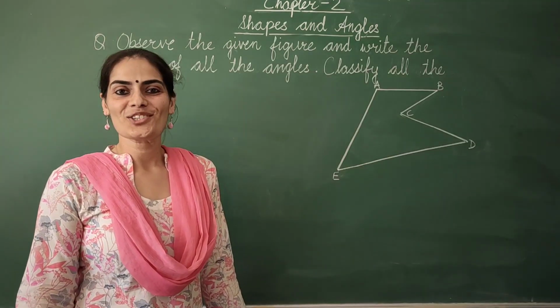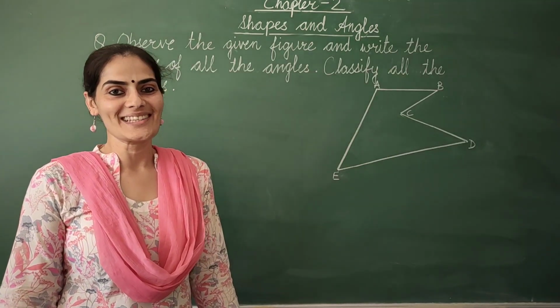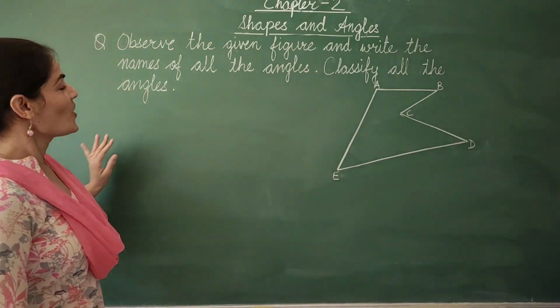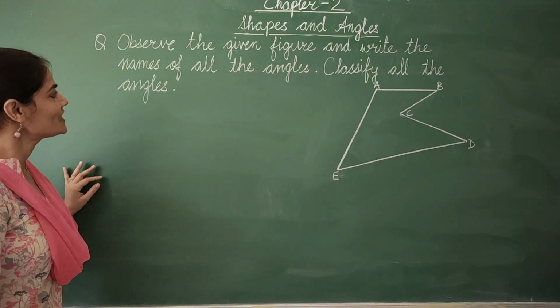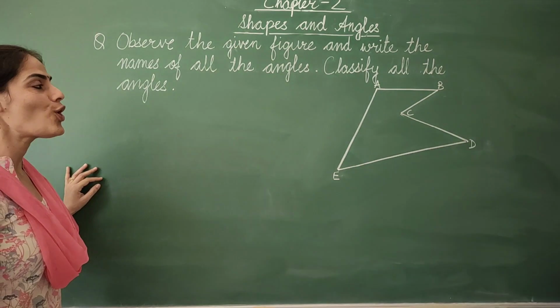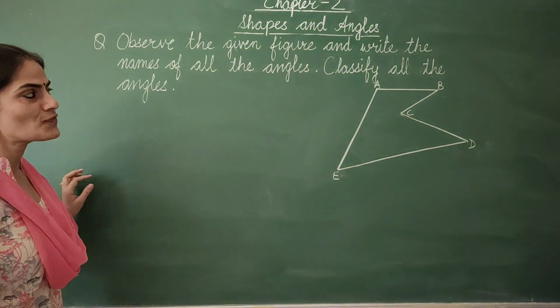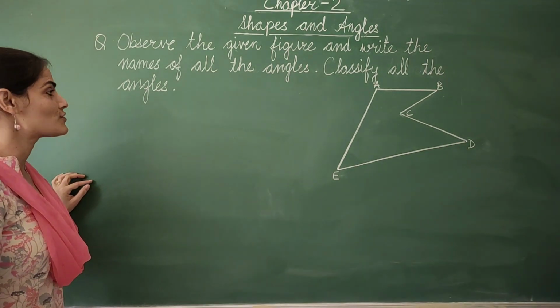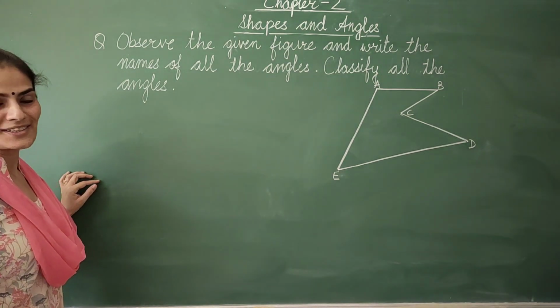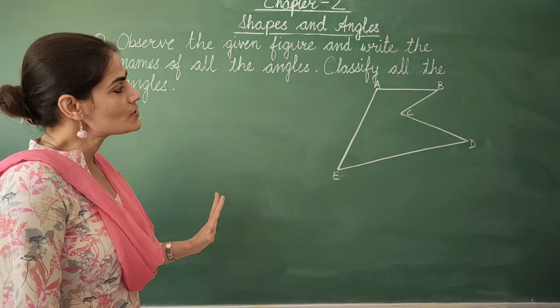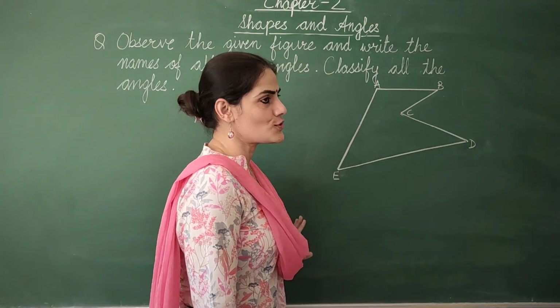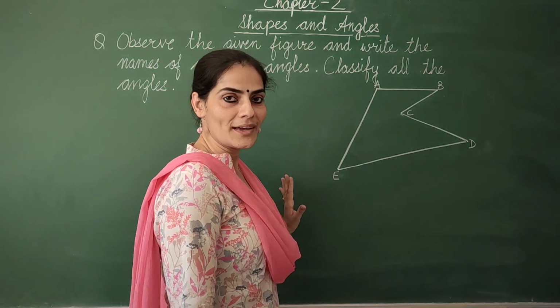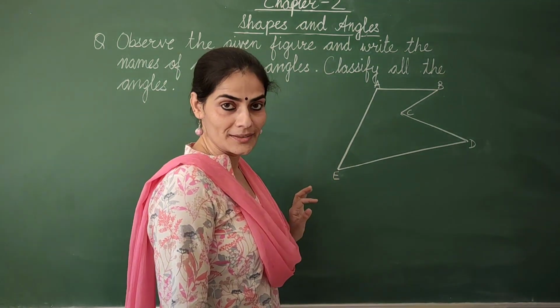The last question to test the level of your understanding is this. Observe the given figure and write the names of all the angles in this figure. And you'll also have to classify all the angles. So beta, just observe this figure first of all. What are you able to make out? That it's a polygon.